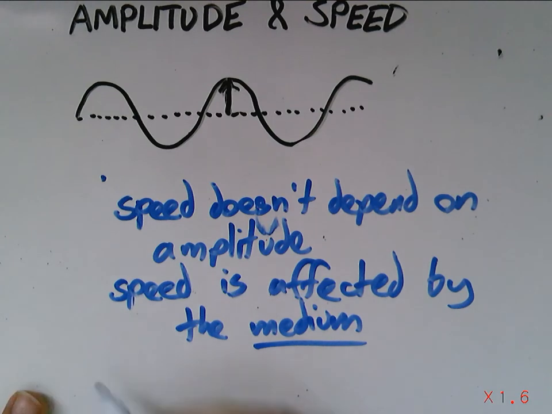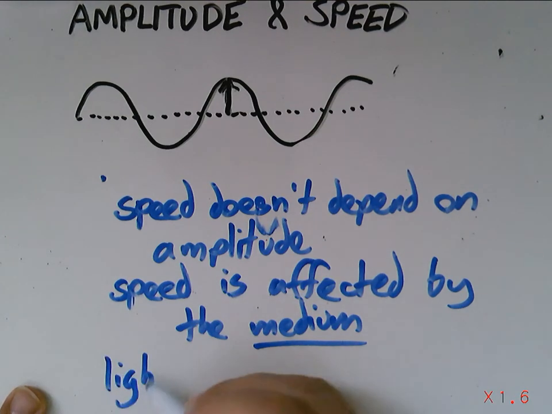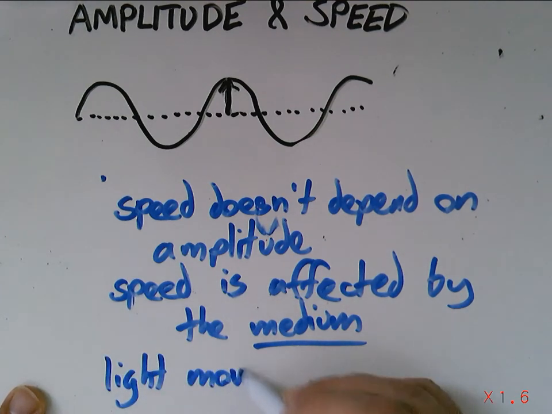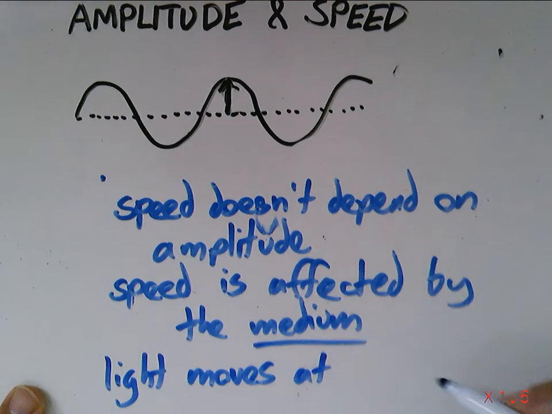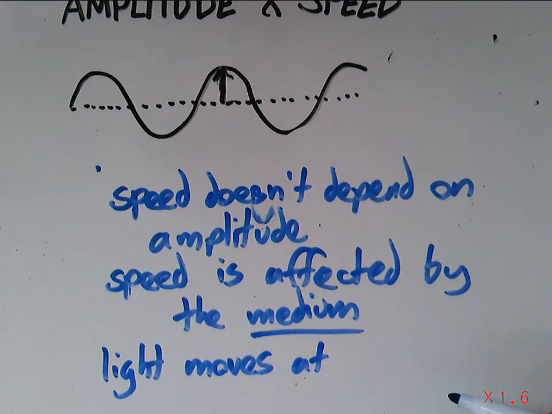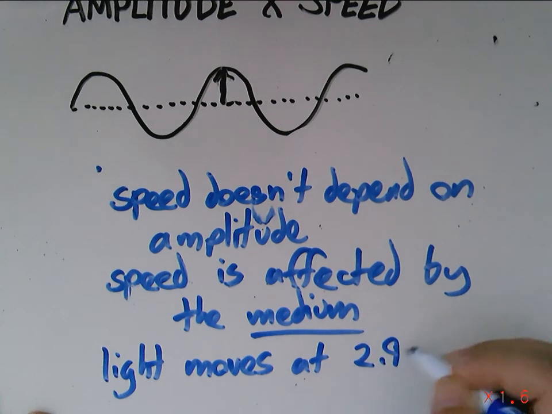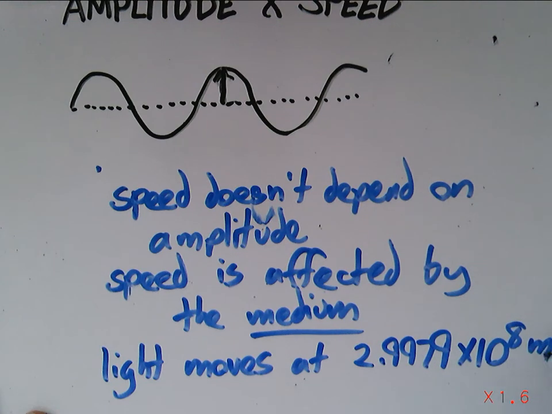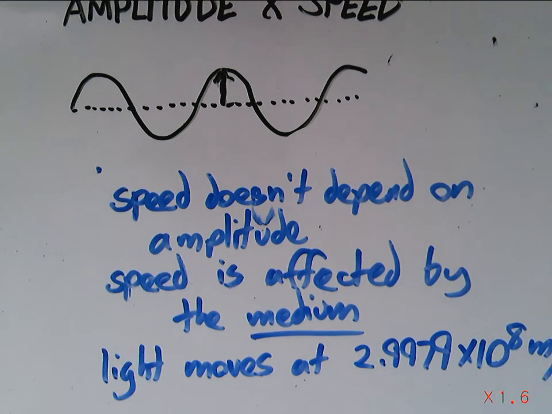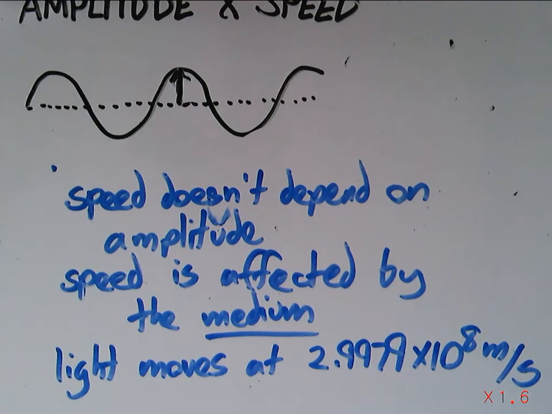Now, light moves at the speed of light, which you were looking at in a previous assignment. Something like 2.9979 times 10 to the 8 meters per second. That's the speed of light in a vacuum.